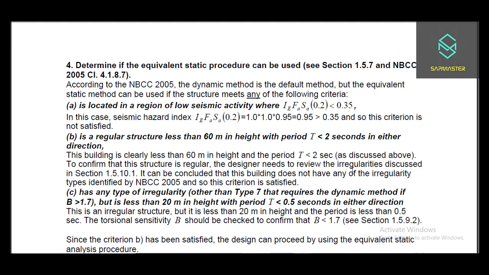First, is it located in a region of low seismic activity where this amount should be less than 0.35? Let's check. In this case, our seismic hazard index is 1, and S is 95. It's higher than that, so this criterion is not satisfied.